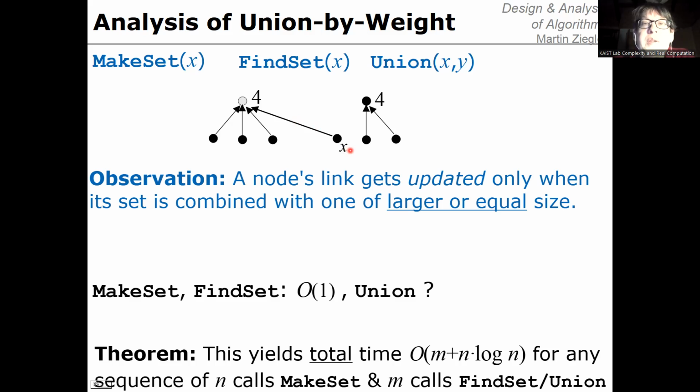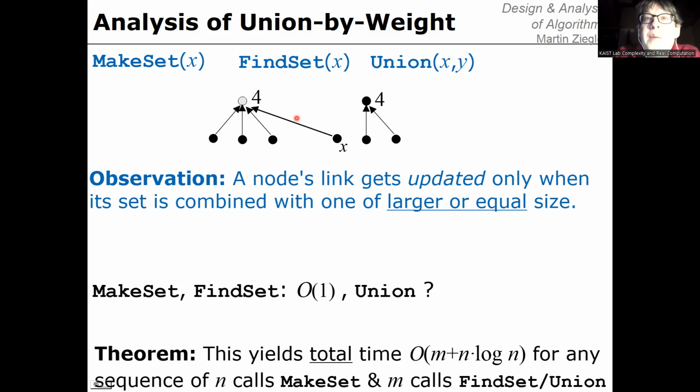Now, when can the pointer get updated again, a second time? For that to happen, there must be another set of equal size, but now the other set must have double the size of the original set, right? Because after the first update, the pointer belongs to a set of twice the size, and for it to get updated a second time, that means we arrive at a set of already 4 times the size.